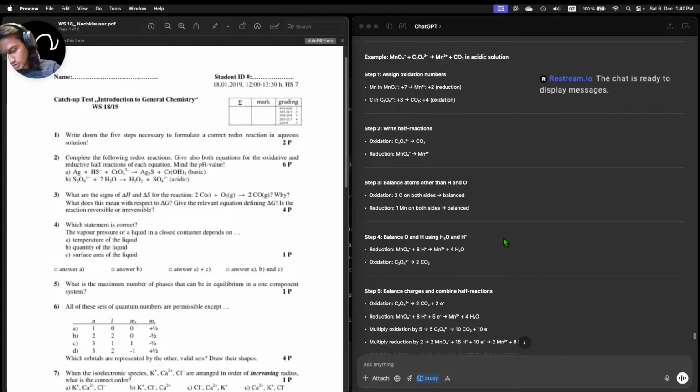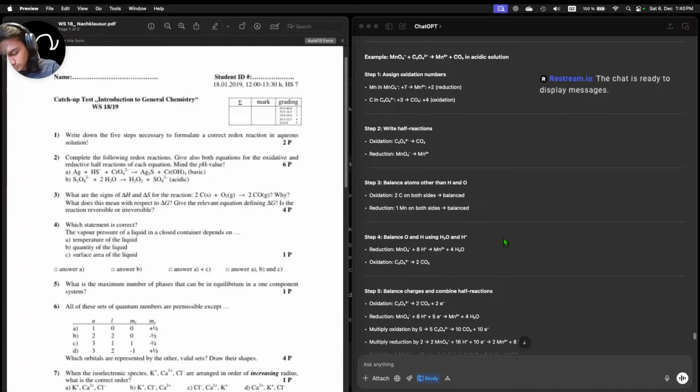Yeah, I was doing this, okay. So MnO4 minus: x plus 4 times minus 2 equals minus 1, x minus 8 equals minus 1, so x equals +7. Mn has +7, and now Mn is +2, so +7 to +2.